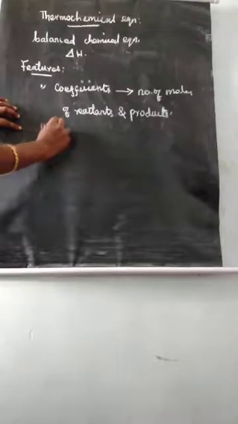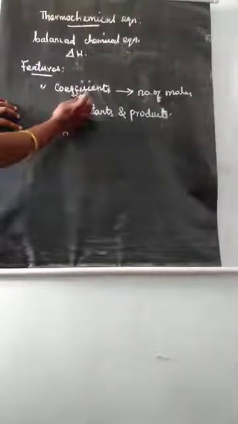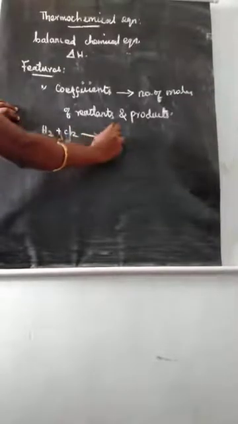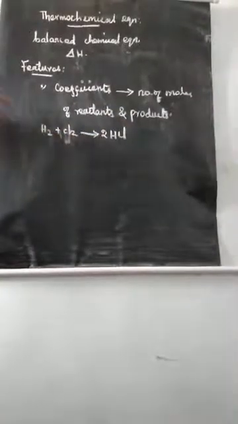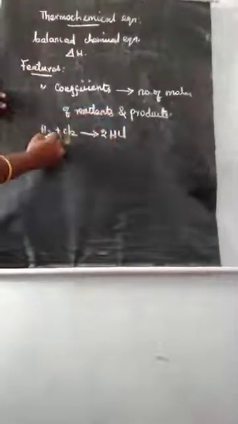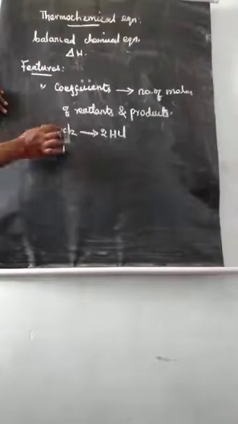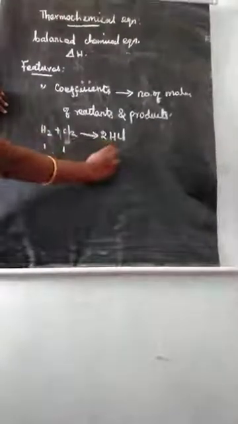Coefficients mean, for example, your equation hydrogen plus chlorine gives 2HCl. Here we are telling which ones are coefficients. Coefficients mean the number of moles of reactants and products. So here the number of moles of reactants is hydrogen 1, chlorine 1, and hydrogen chloride 2.